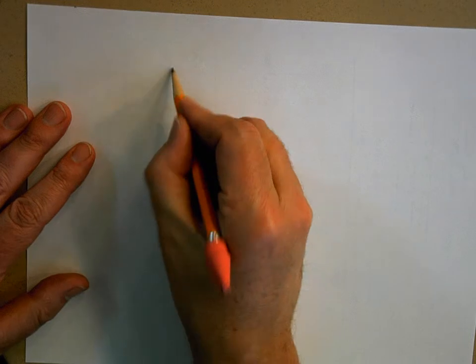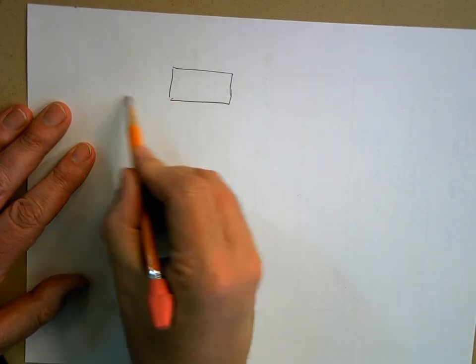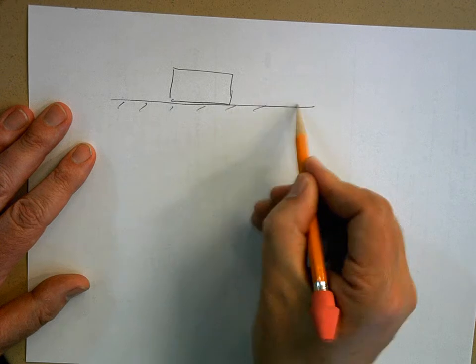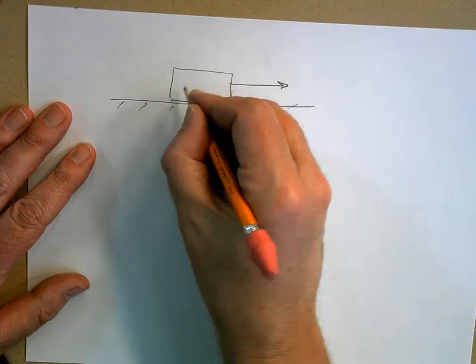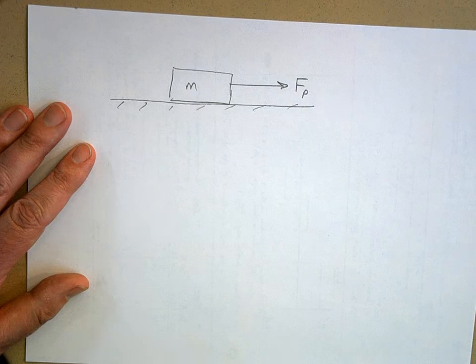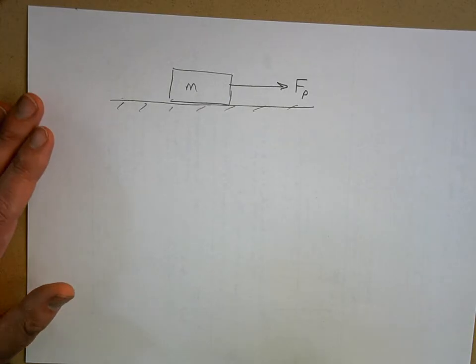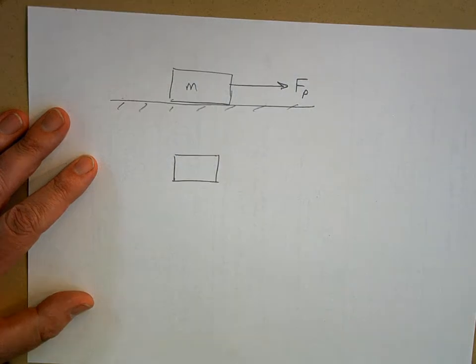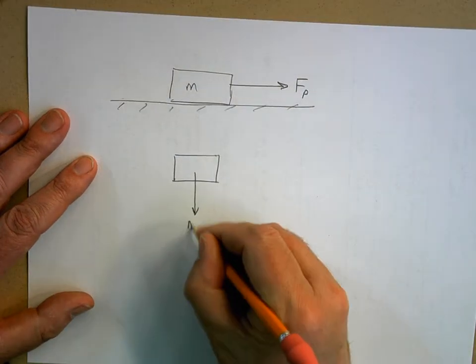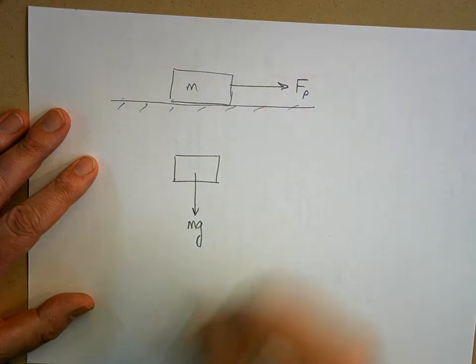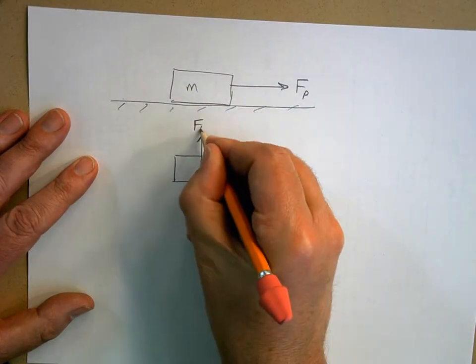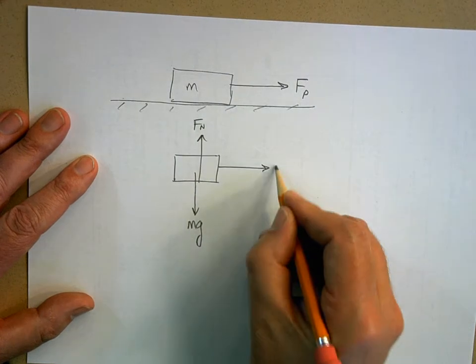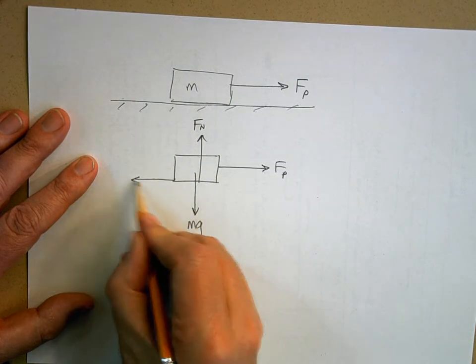Now, when you have your crate and you're sliding it across the floor, it's got some mass, and we've got some pulling force to the right, but it's got friction. So when I draw the free body diagram for this, we have mg, the force of gravity pulling it down, the normal force pulling it up, this pulling force, and this force of friction.